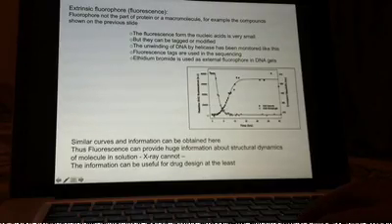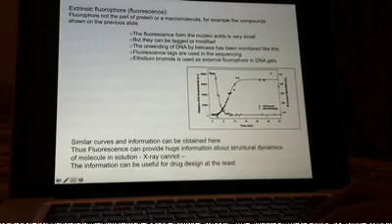So if we monitor ANS fluorescence of a system with respect to time or with respect to denaturing concentration, we can see that it does not bind initially, indicating that the protein is folded, and after a certain point when it starts binding, that means that the protein has started unfolding.